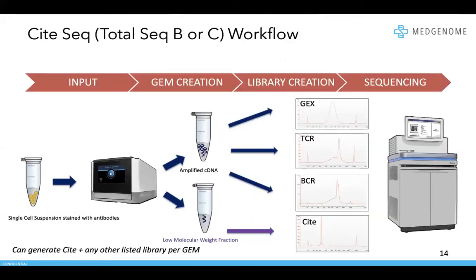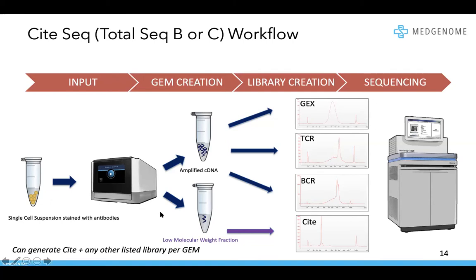So this is the basic workflow for CITE-seq, specifically for TotalSeq B or C. You start with your single cell suspension, you stain it with antibodies, and after a couple washes, you create your GEM.